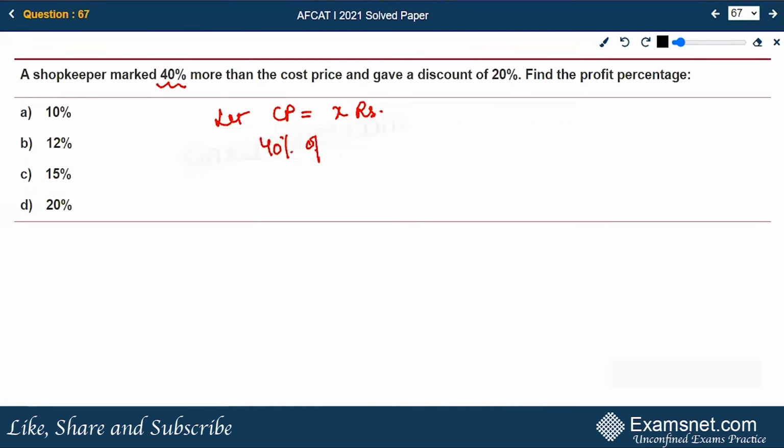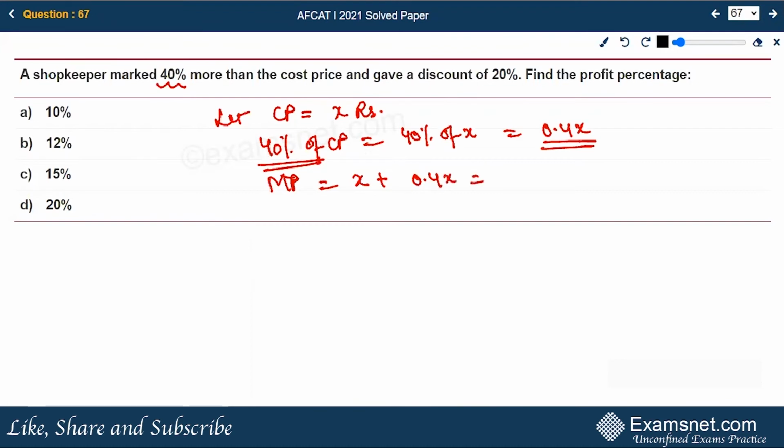So 40% of X, or this will be 0.4X. What will be marked price? It will be cost price plus this hike. So this is equal to 1.4X.